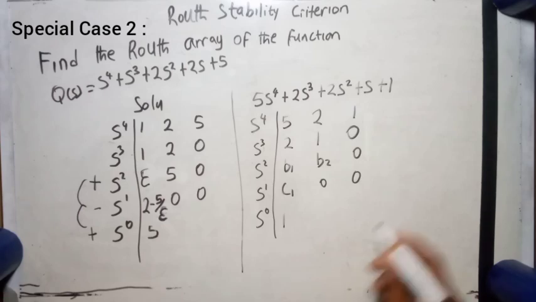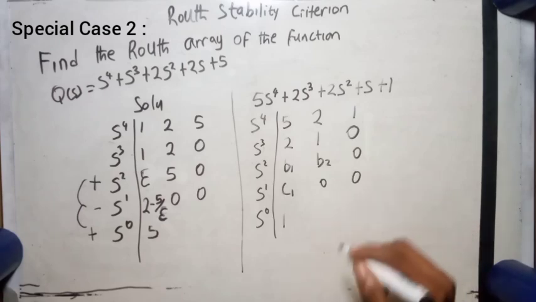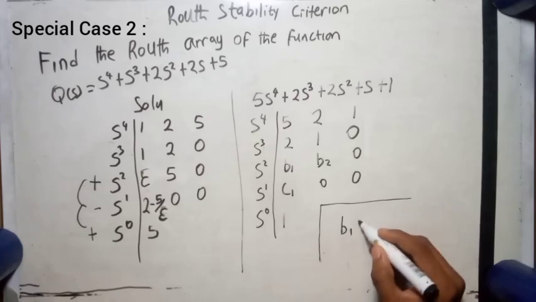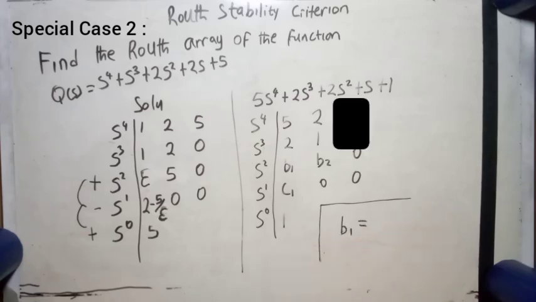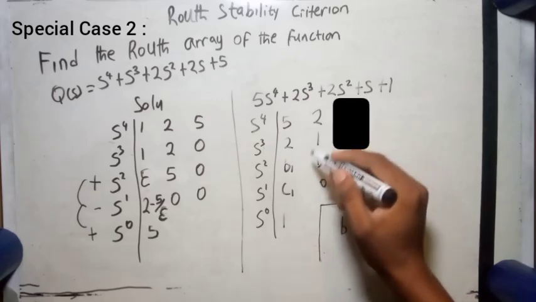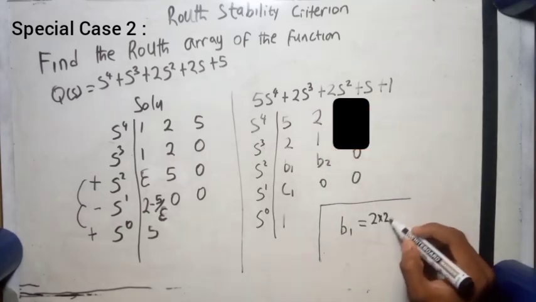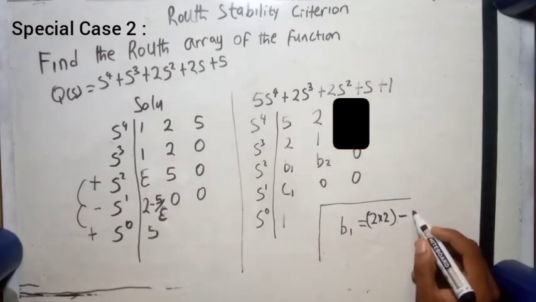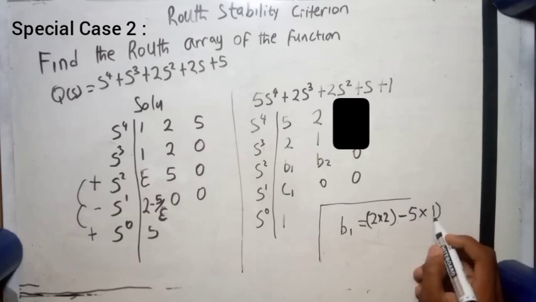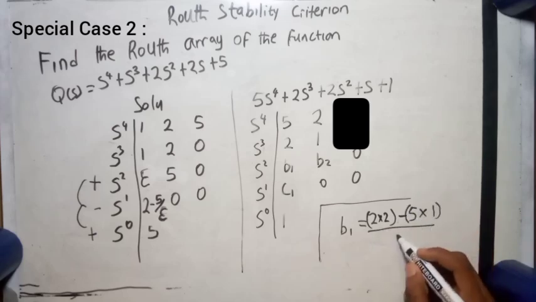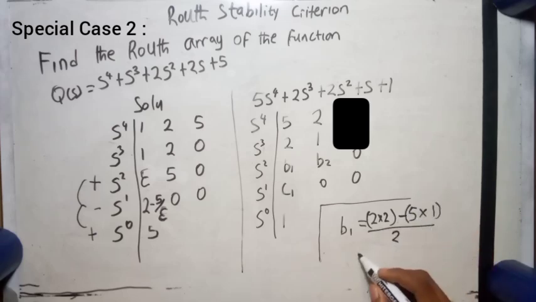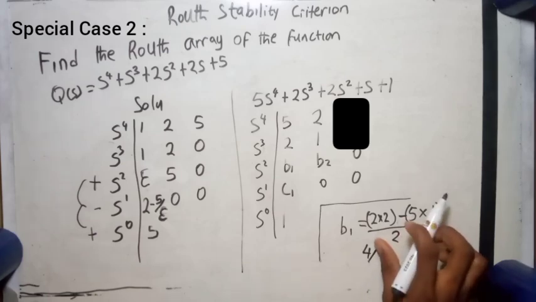Okay, now solving for our B1, this will be this column and this column. So we have 2 times 2 minus 5 times 1 over 2.